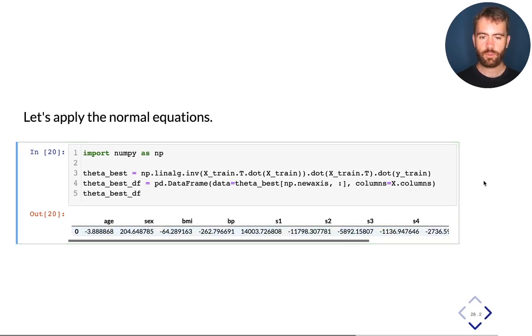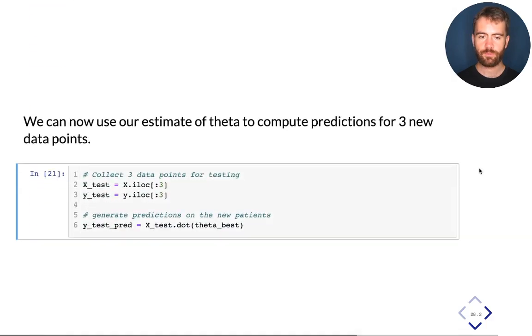And now using this new set of parameters theta best, we can make some predictions. So here I am going to load again 3 data points that are distinct from our training set. And these are the same 3 data points that we used in our earlier examples.